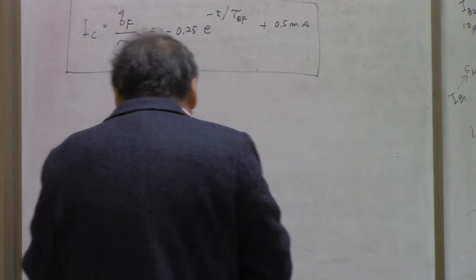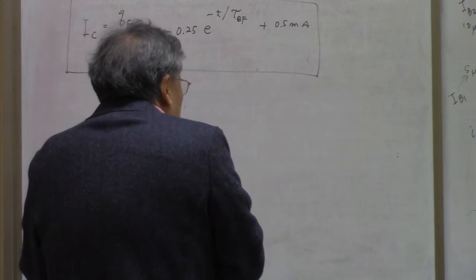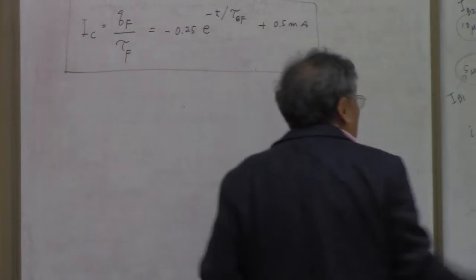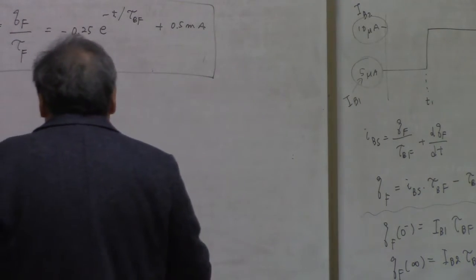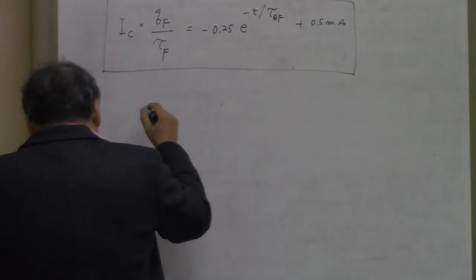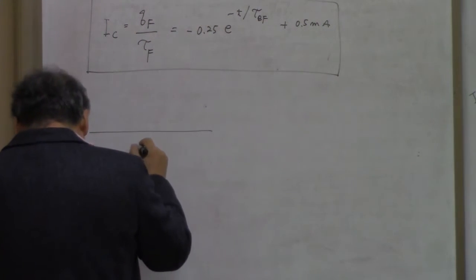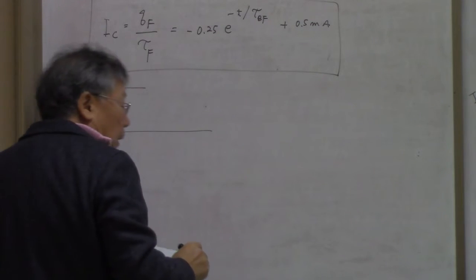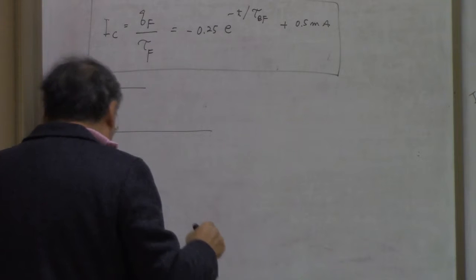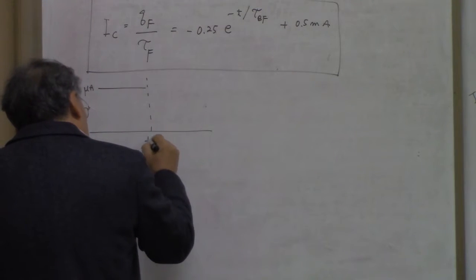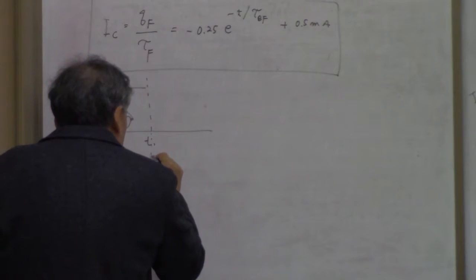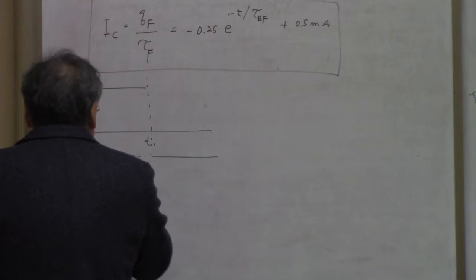Let me give you one more example, okay? That is, we changed 5 microamps to 10 microamps, but now we take an example where you start out with 500 microamps as a base current, and then at the time t1, you change the polarity so that now you're going to apply minus 50 microamps.